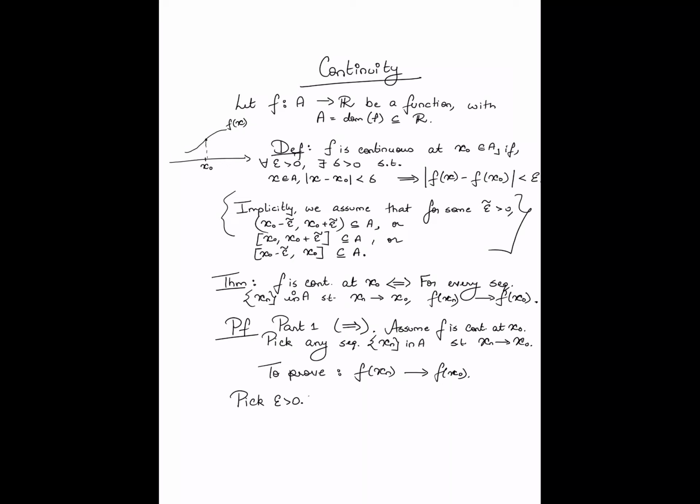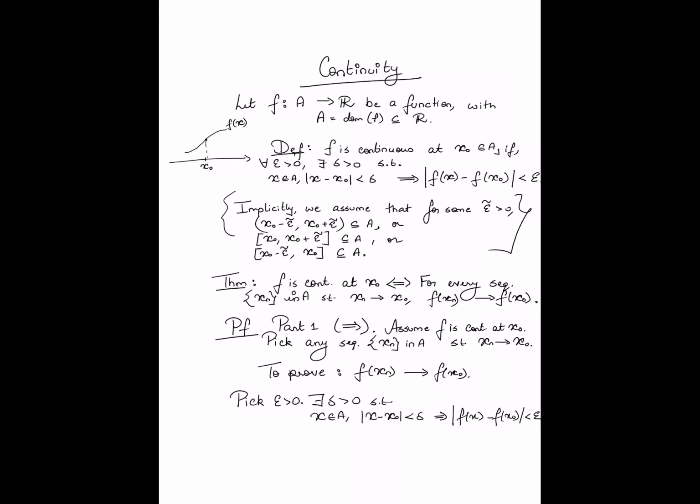Right, so there exists a delta greater than 0 such that any x in the domain which is within a delta distance of x naught will satisfy the condition that the absolute value of f of x minus f of x naught is less than epsilon. This follows from the definition of continuity in the first place.